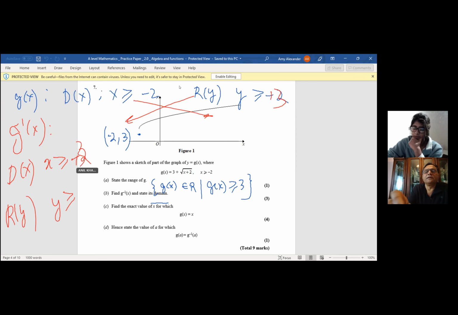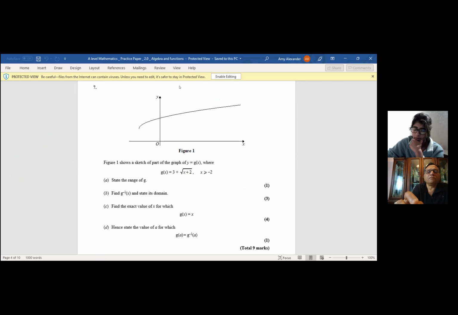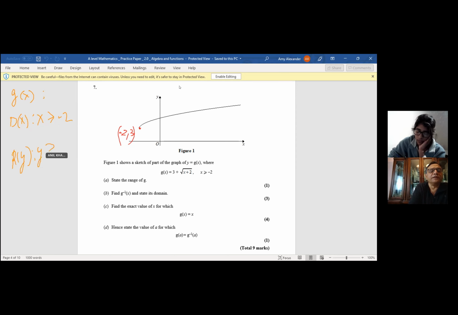Let me rewrite. So this point, as we identified, is (-2, 3), correct? So as far as g(x) is concerned, let me write in light color now. For g(x), we have domain x greater than or equal to minus 2, and the range y greater than or equal to 3, correct?